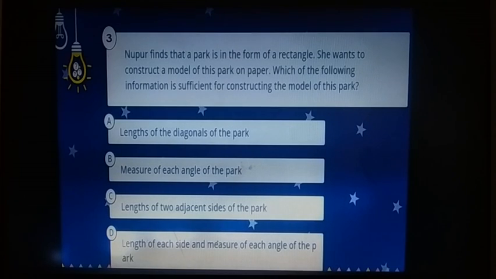Option B, measures of each angle of the park. Option C, lengths of two adjacent sides of the park. Option D, length of each side and measure of each angle of the park.